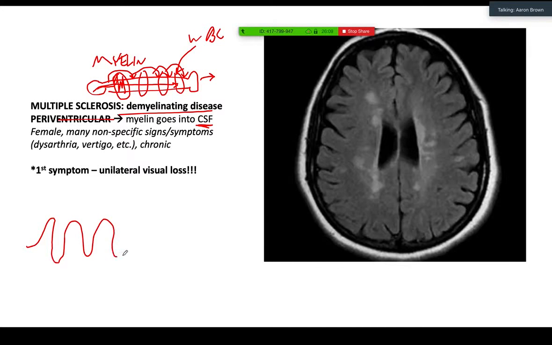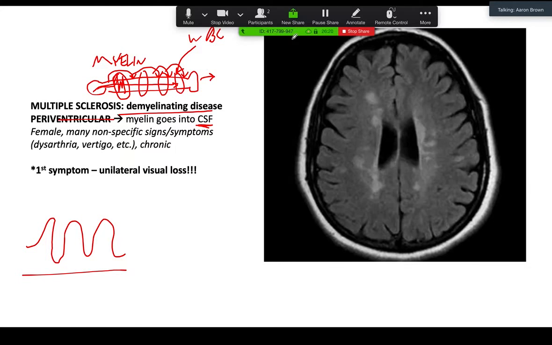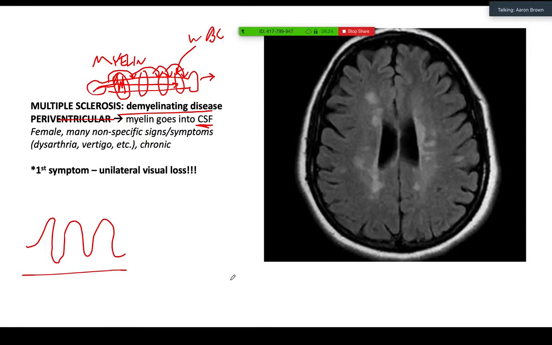Symptoms again, go away. So this waxing and waning course is very typical for multiple sclerosis, and it is almost always going to be described in the question stem. Okay, it's something I really want you to look for when they're describing this disease, is that the patient has had episodes of these symptoms throughout their life.